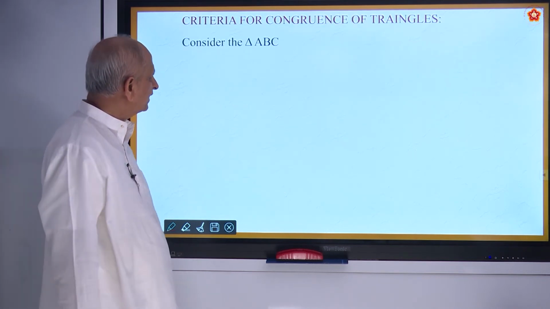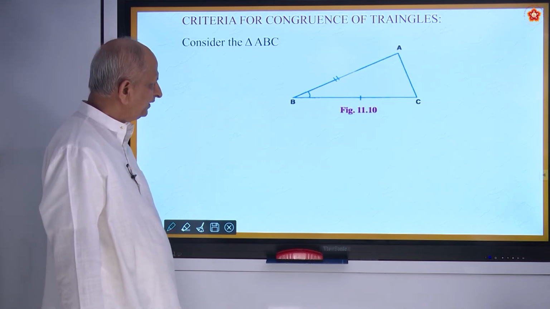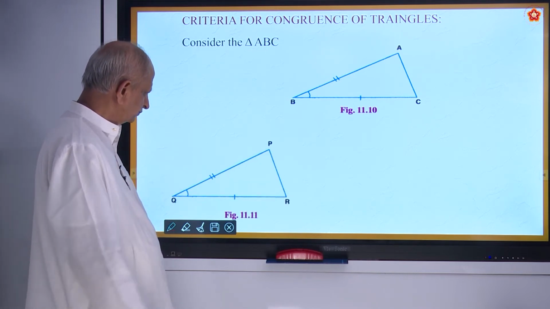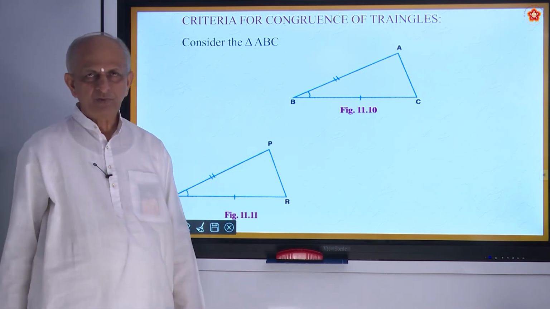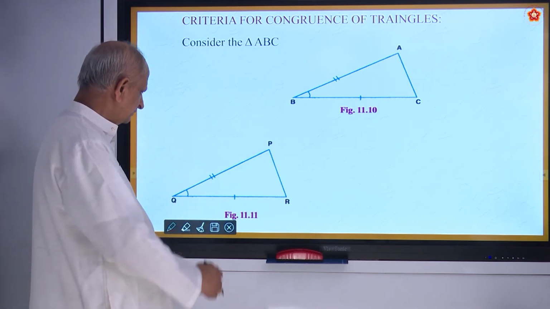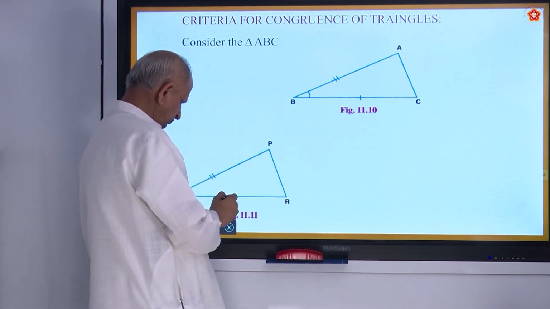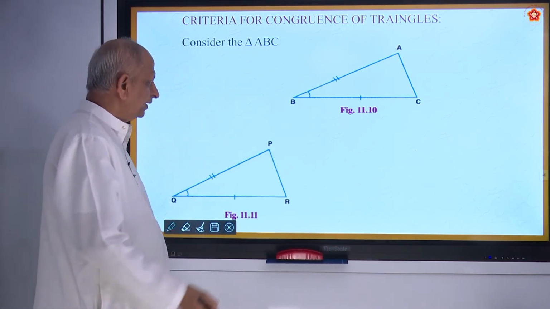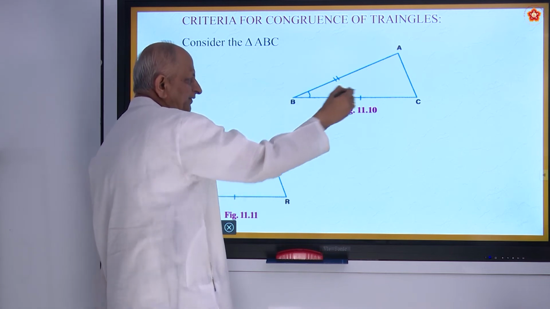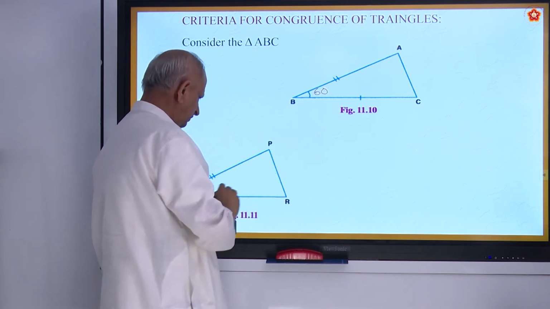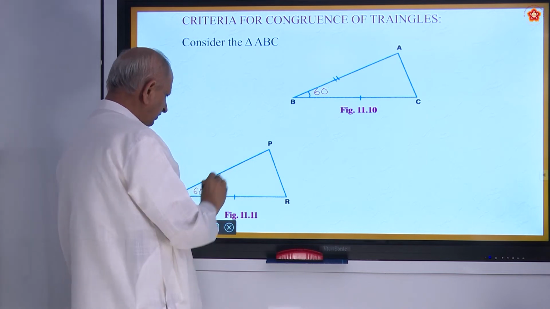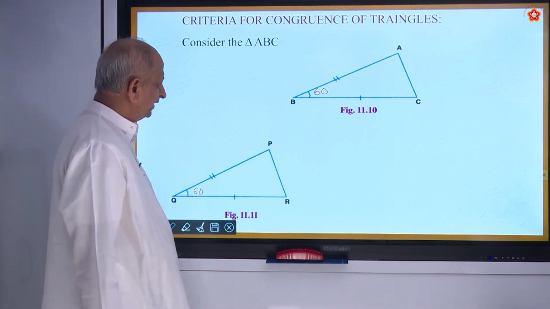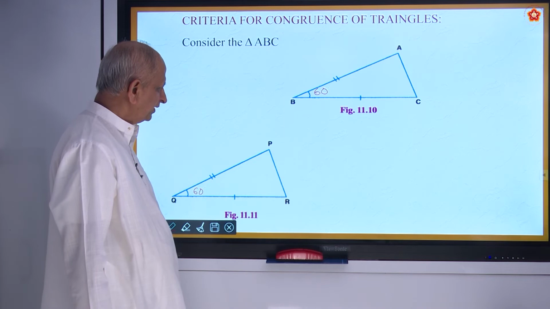Now we will see the conditions for congruency. Criteria for congruency of triangles. Consider triangle ABC and triangle PQR. So here are two triangles, and the first condition: if BC is equal to QR and AB is equal to PQ and the included angle ABC, suppose this is 60 degrees, this also will be 60 degrees, then we say two triangles are congruent, and that is called the SAS criterion.